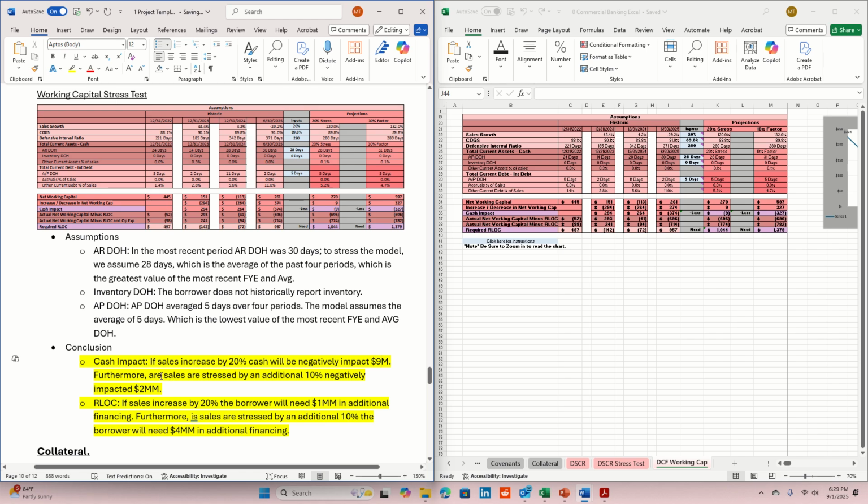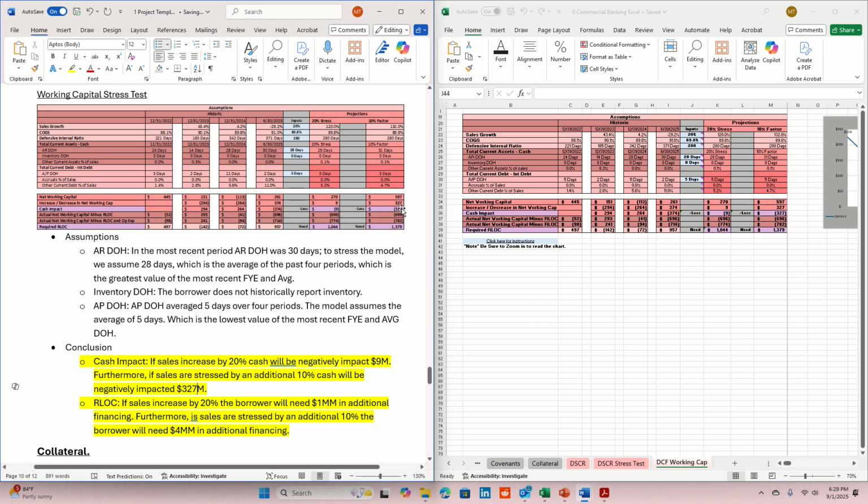Furthermore, if sales are stressed by an additional 10%, cash will be negatively impacted $327,000.